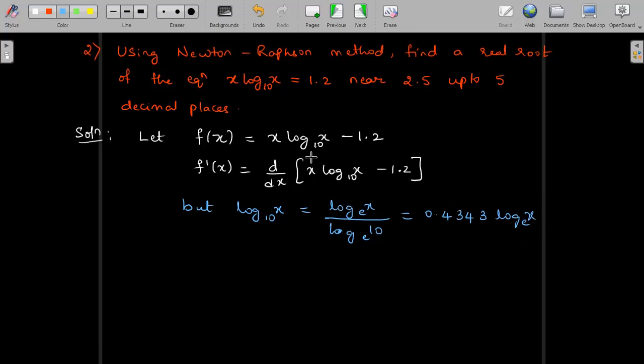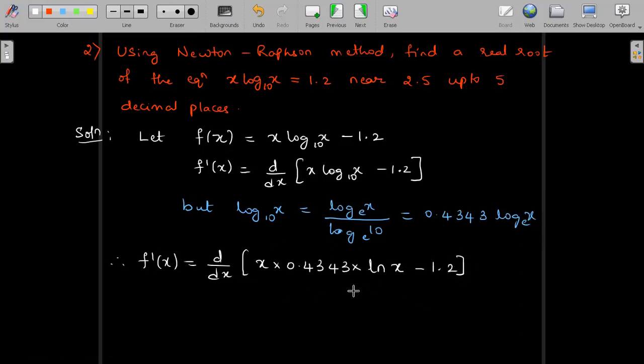So let us write down f dash of x. Therefore, f dash of x can be now written as d by dx of x into 0.4343 multiplied by log x to the base e, which I will directly write as ln, so the differentiation is considerably easy, minus 1.2. So we have to now apply the product rule for x into log x.